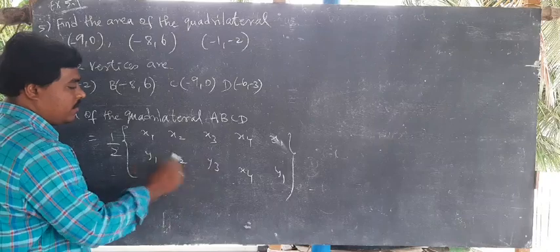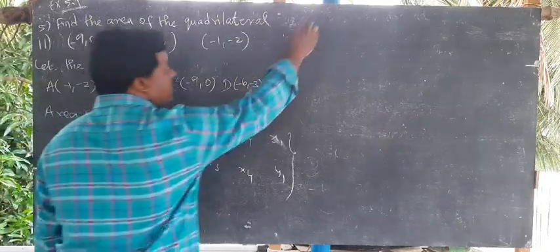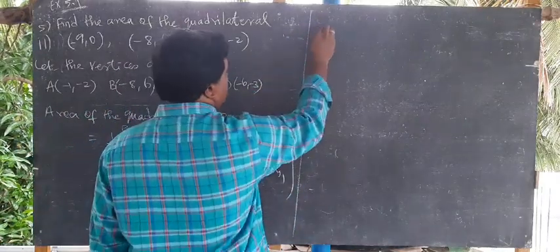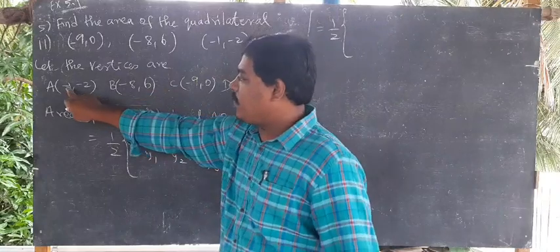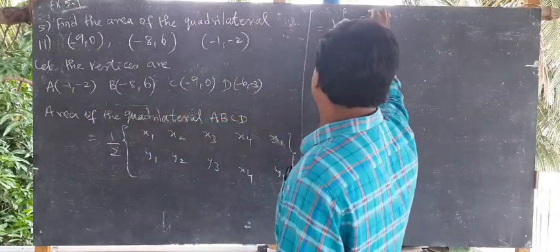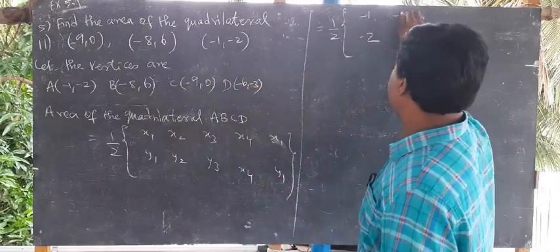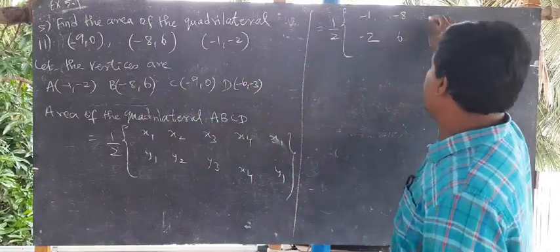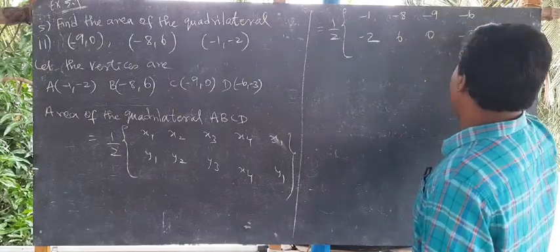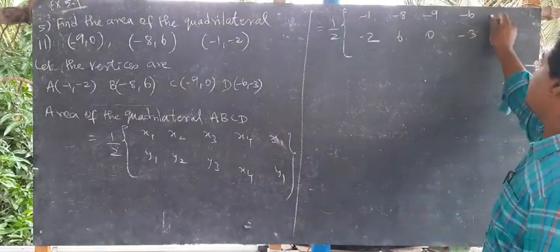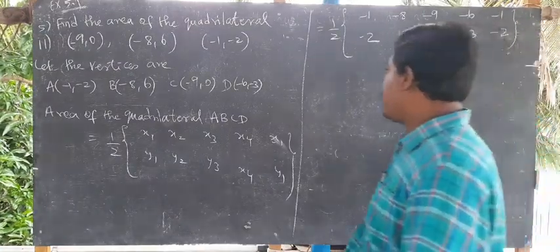So here what I am doing, this equal to 1 by 2 into minus 1 comma minus 2, minus 1 comma minus 2, minus 8 comma 6, minus 8 comma 6, minus 9 comma 0, minus 6 comma minus 3, again minus 1 comma minus 2, right?